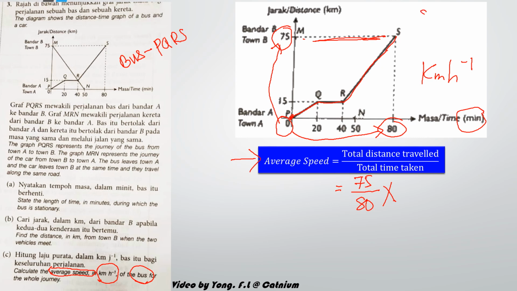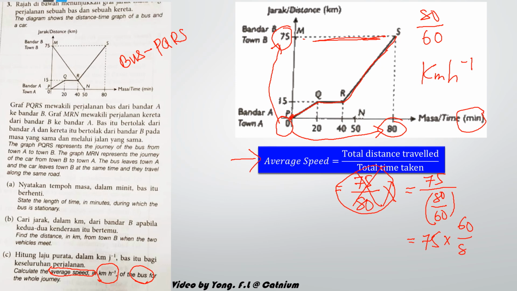So 80 changed to hours becomes 80 divided by 60, bahagi 60. So this one is wrong. Okay, so we do another one. So equal to 75 divided by 80 over 60. Okay, ini pindah ke atas jadi 75 times 60 per 80. So the answer is, let me use a calculator first.